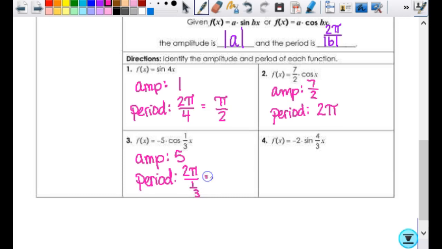That means we multiply by the reciprocal, so the period would be 6 pi. Number 4, the amplitude. Absolute value of -2, so it's 2. The period is going to be 2 pi divided by 4/3. Oops. Hang on.